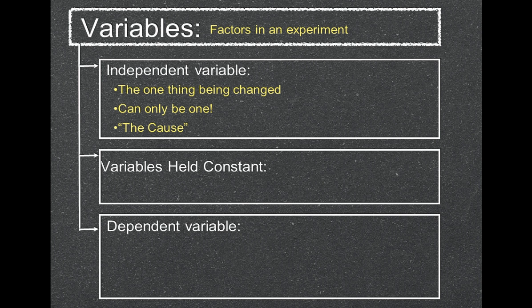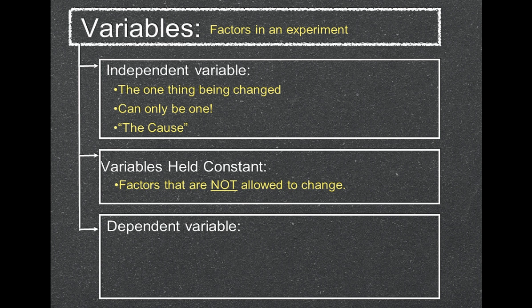Okay, what are variables held constant? They're little things that we try to keep the same. Things that we don't allow to change. What was one of them in the mouse experiment today?